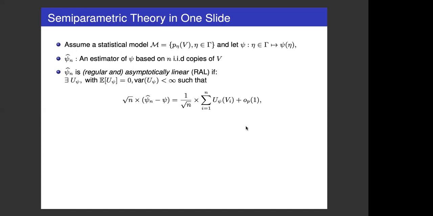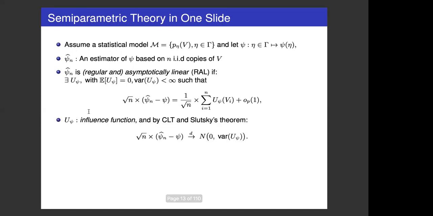This u psi is called the influence function, and as a simple consequence of the central limit theorem and Slutsky's theorem, we can show that this estimator is consistent and asymptotically normal, with asymptotic variance equal to the variance of the influence function.